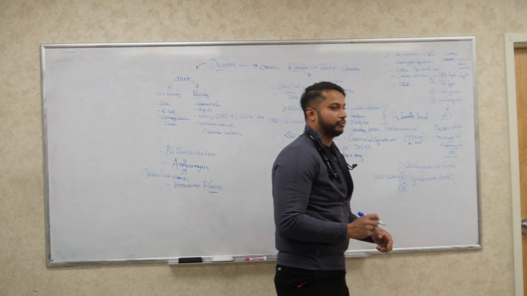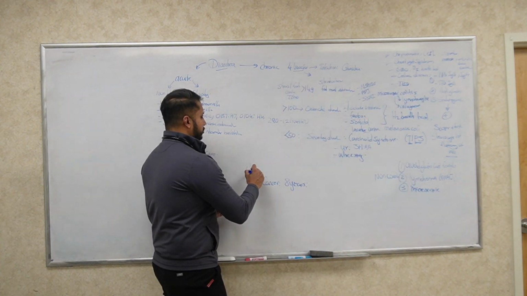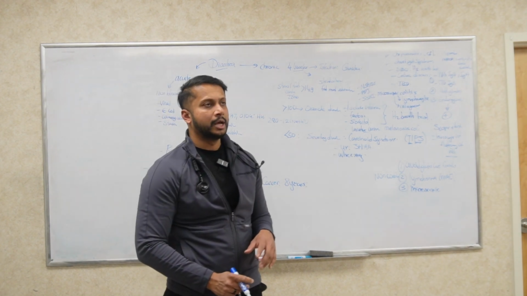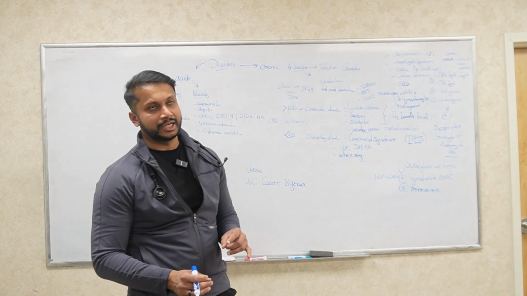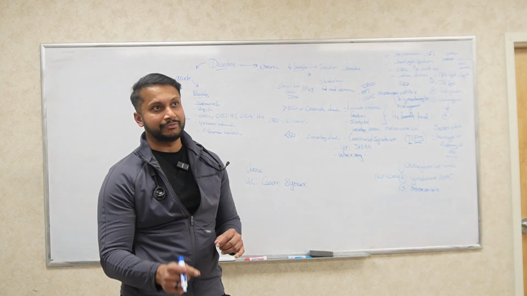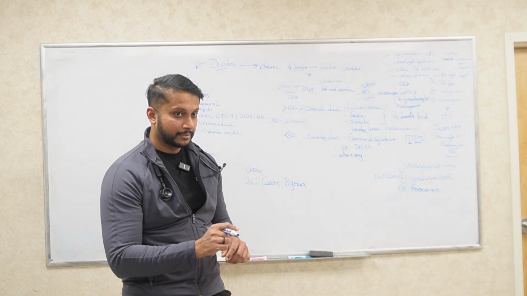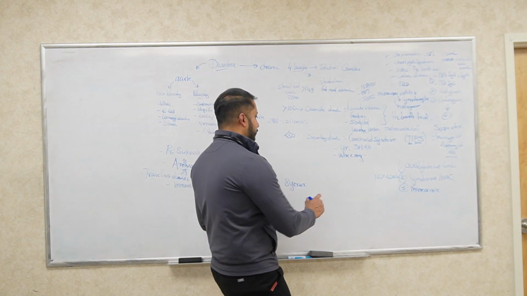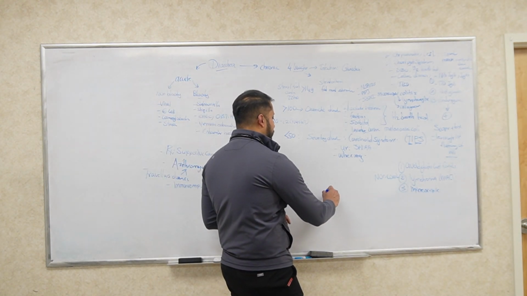What is another condition you should worry about? Does Crohn's increase your risk of cancer? Not really. It's more to do with ulcerative colitis. But the important thing is Crohn's and ulcerative colitis are associated with something rheumatologic.